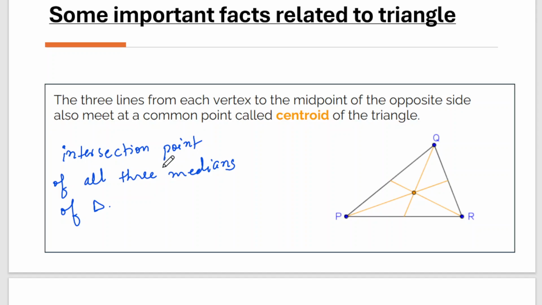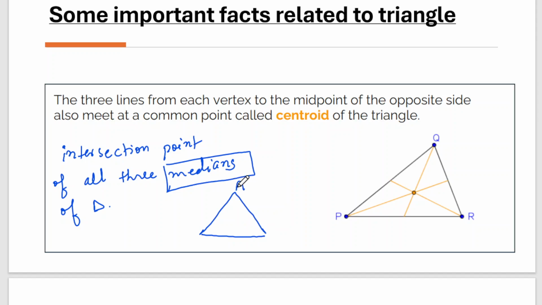Now you will ask me, sir, what is the meaning of the median? See, in simple language we can say median is the midpoint. Okay, median is the line that joins midpoint of a side to the opposite vertex.